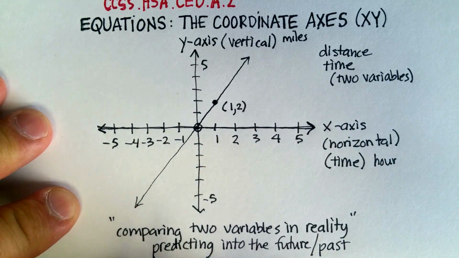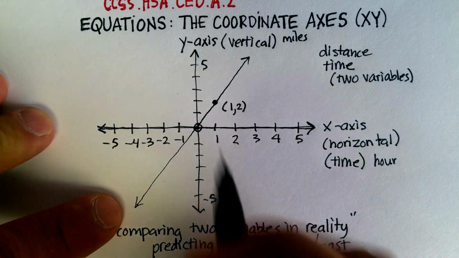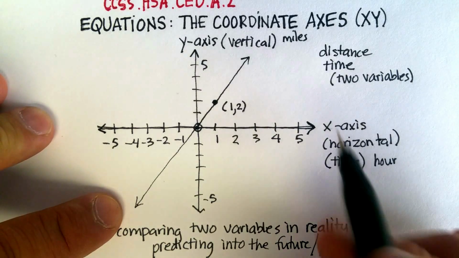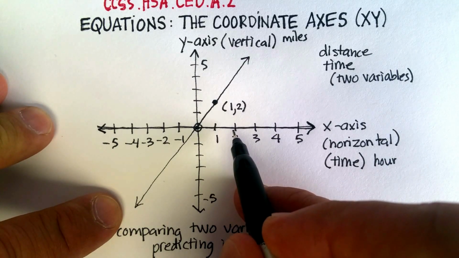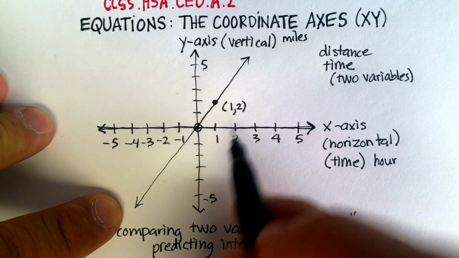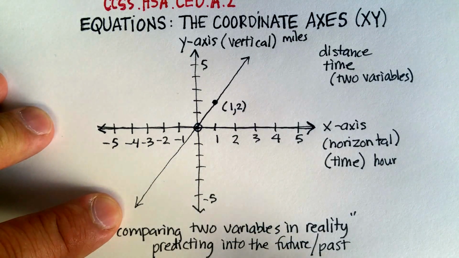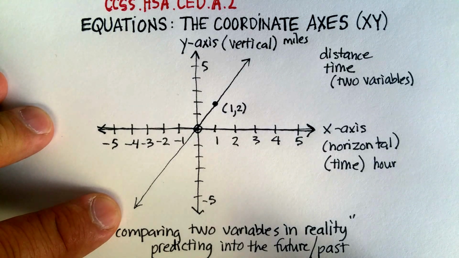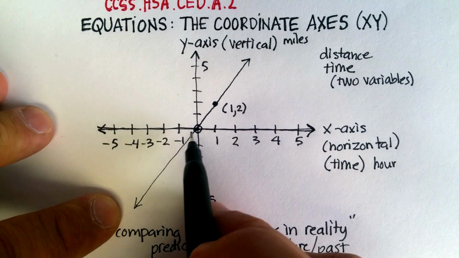Let's just extend it down here. And I could ask myself the question, if the car's speed were steady, right? How many miles would the car travel after 2 hours? Well, here's how mathematics describes reality a little bit better and how it can predict the future.